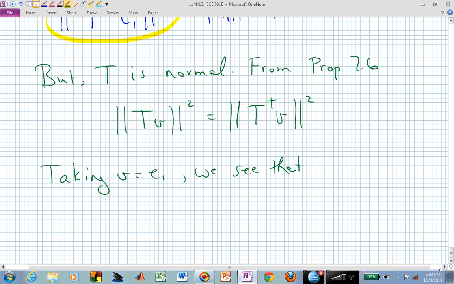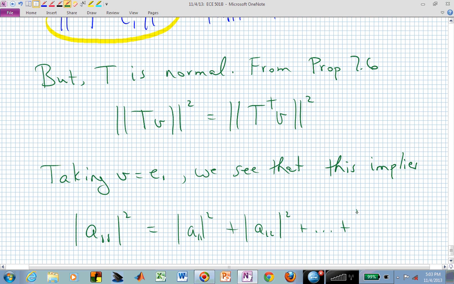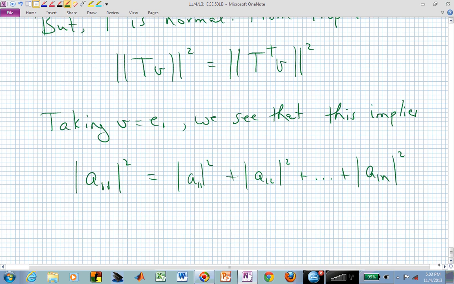Then this implies that the norm squared of T E1, which was just |A11| squared, is supposed to equal |A11| squared plus |A12| squared, all the way down to |A1n| squared.